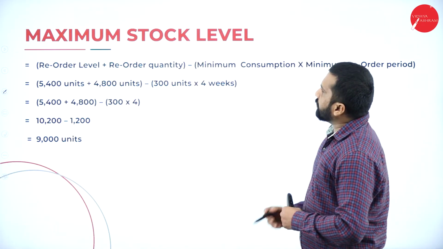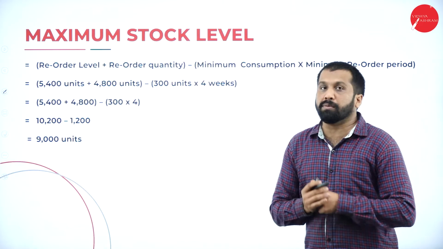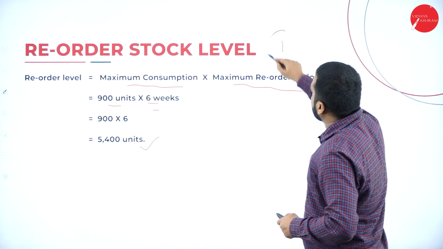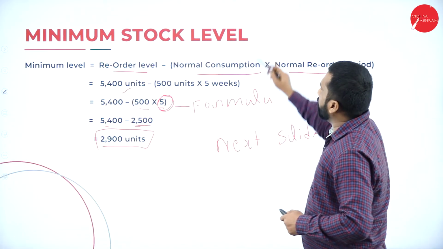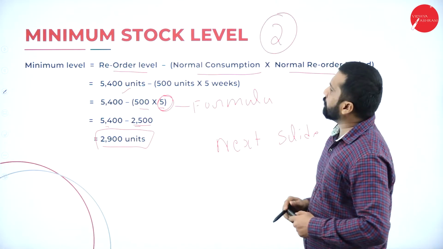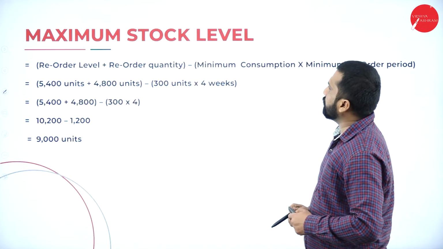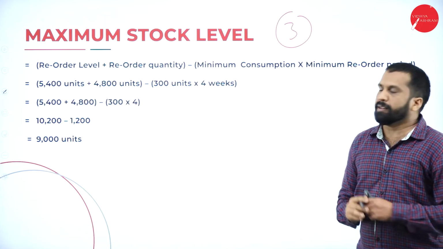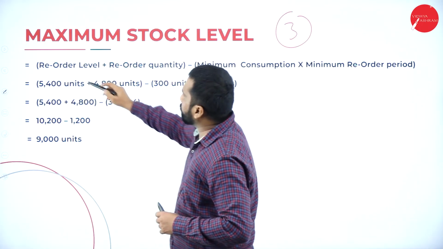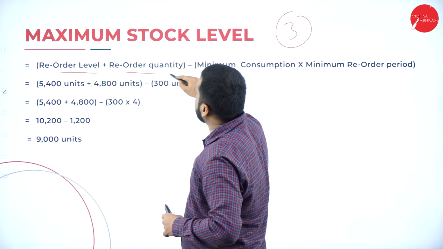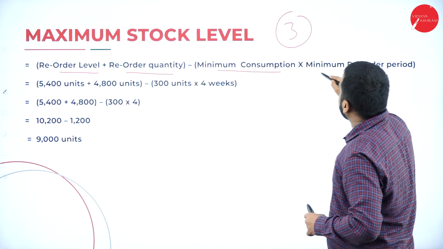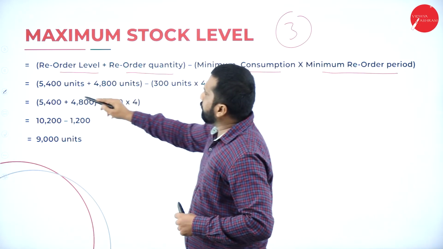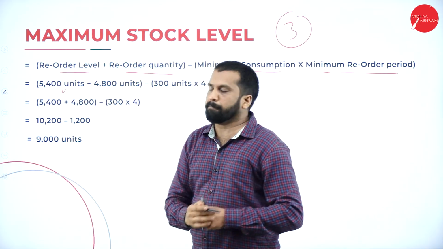Now, the third one is maximum stock level. I'll show you clearly. Reorder level is the first one. Minimum stock level is the second one. There is a working note. There is a third one, maximum stock level. What is the formula for maximum stock level? Reorder level plus reorder quantity, minus minimum consumption into minimum reorder period. Reorder level, you know that, 5400.